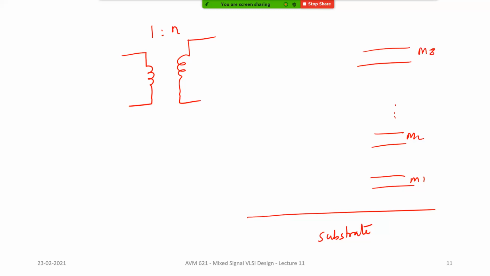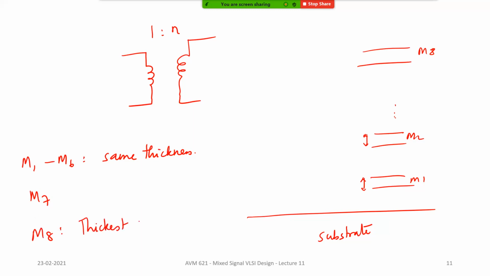Typically the thickness of these metal lines is not uniform. In the 65 nanometer process that you'll be using for your projects and assignments, M1 to M6 have the same thickness, M7 is thicker than M6 or the rest, and M8 is the thickest.